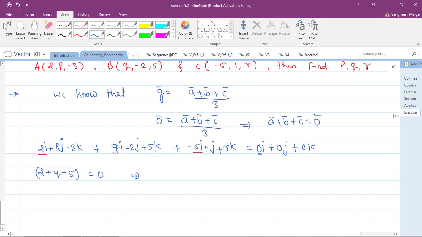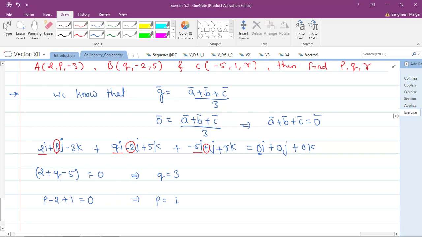So implies q minus 3 equals 0, so q equals 3. Next, take the coefficient of j: it is p minus 2 plus 1 equals 0, which implies p equals 1.